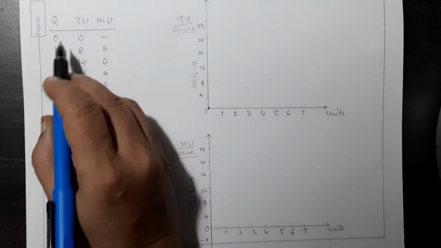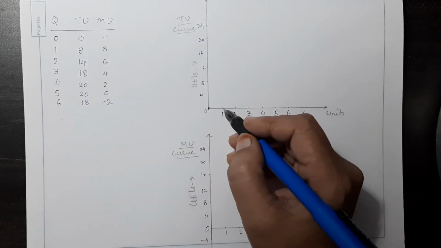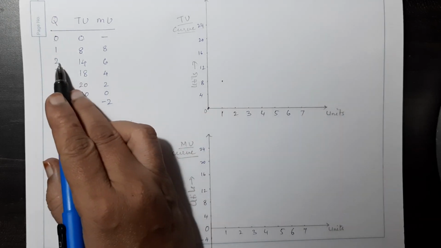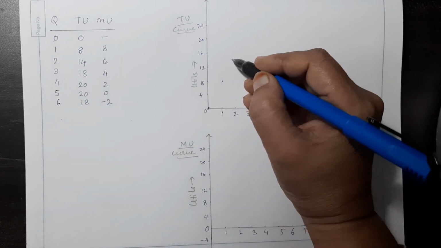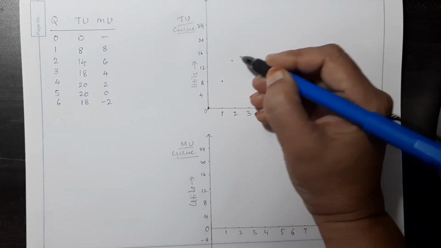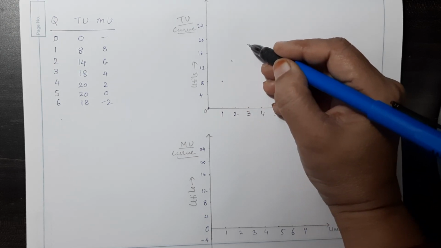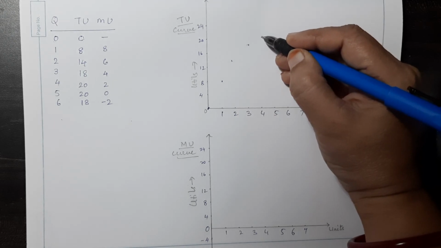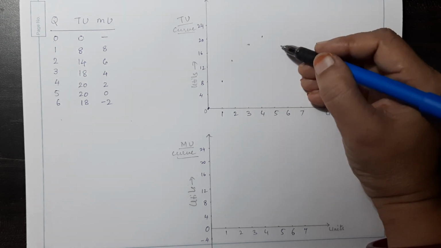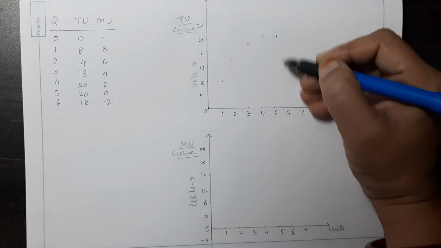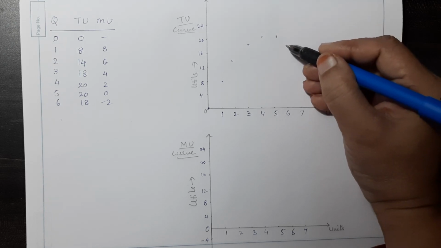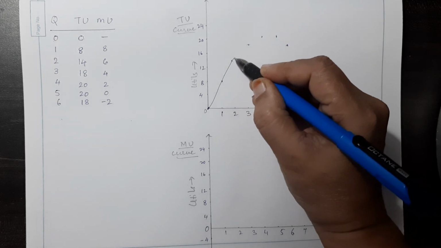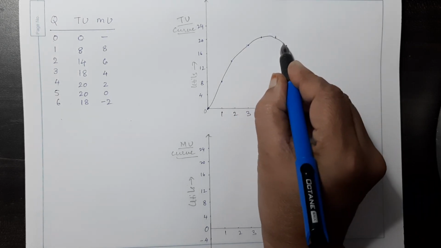So here for 0, it is 0. 1, it is 8. And 2 units, it is 14. So we'll go somewhere over here. And 3 is 18. 4 is 20. Here, this we have already done. For 6, it is 18 again. Somewhere here. So if you try to join these, you will find a graph that is like this.